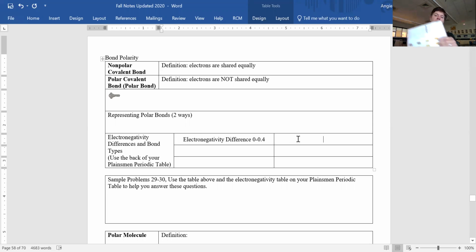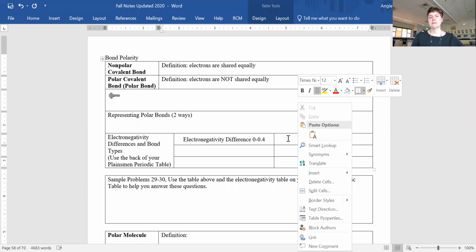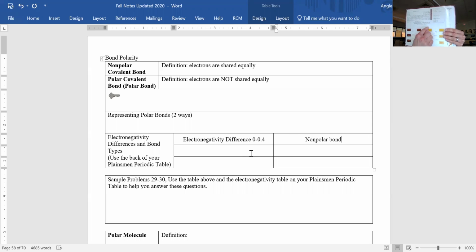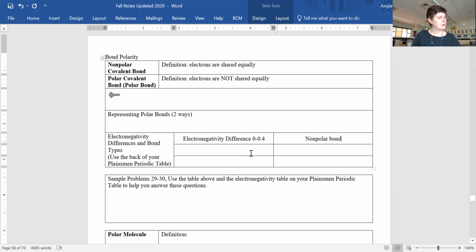That is going to be the electronegativity difference that gives us a non-polar bond. Then below that, when we have an electronegativity difference of 0.5 to 2.0, that is going to be a polar bond. Whereas if we have a metal bonded with a non-metal, that's an ionic bond. So you need to make sure that that's completed on your set of notes.